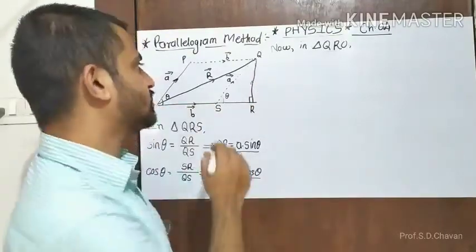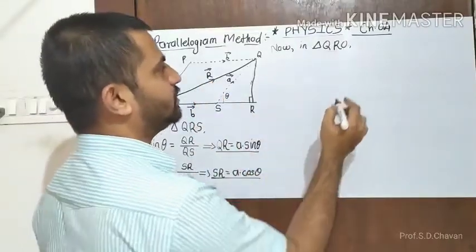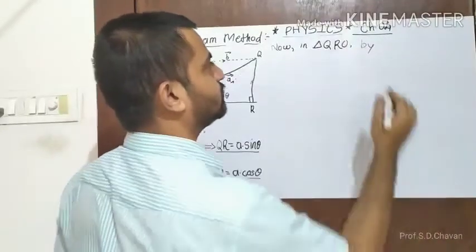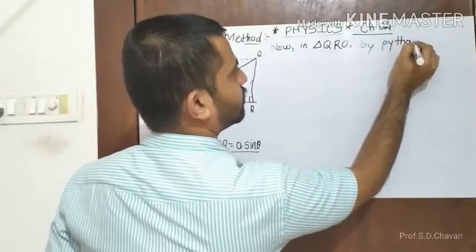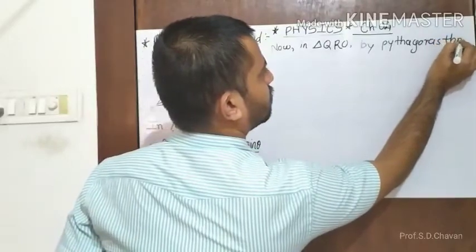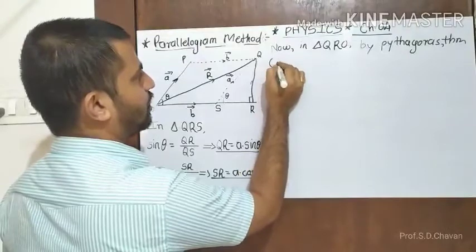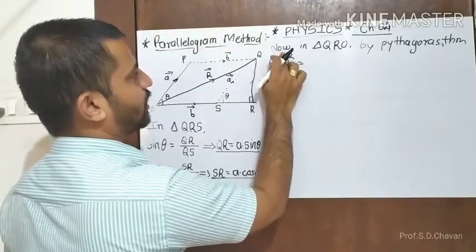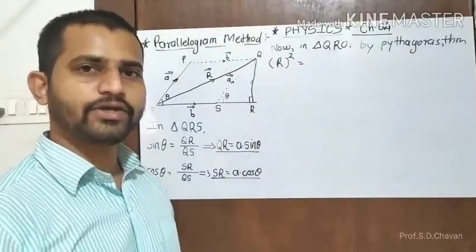It is nothing but the resultant R. So accordingly, by applying the Pythagoras theorem, what is the resultant? We can write it simply R, because we have to find out the magnitude of the resultant.